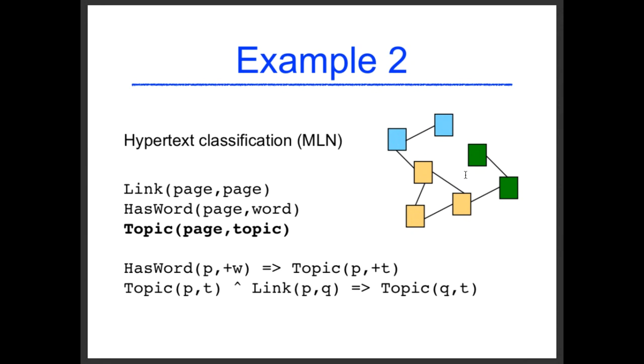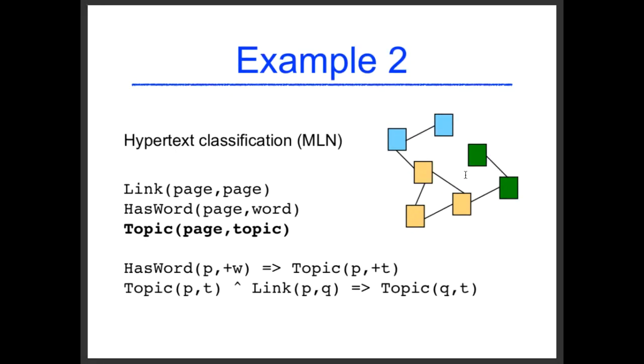So this is one way to model hypertext classification with MLNs. You have web pages, and you have links between pages, which this time are given, are observed. The links are something that is in the evidence. And what you want to predict is the topic of the page.